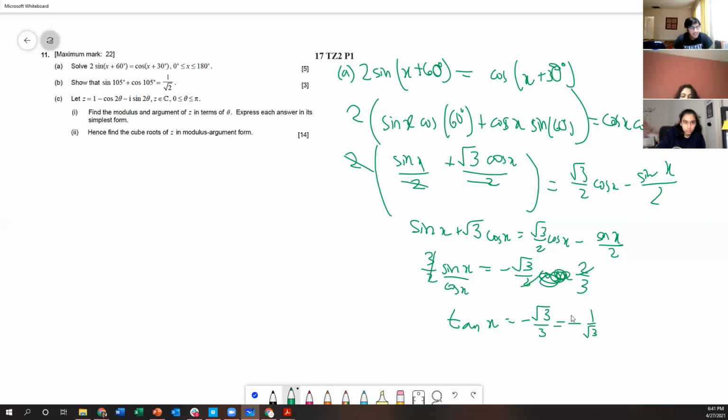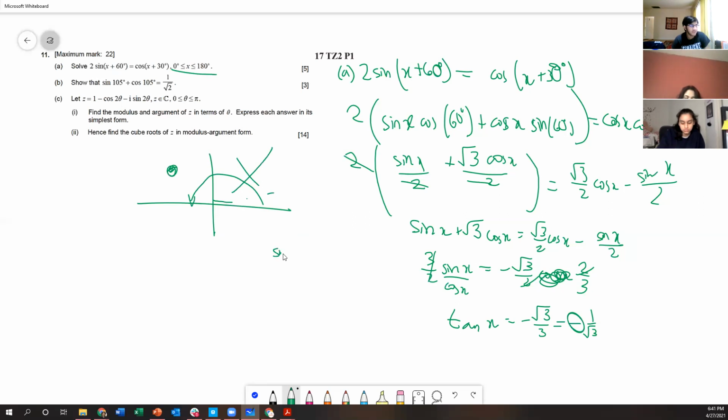But the problem tells me I'm going from 0 to 180, and this is a negative. So if tan is negative, I have to be in this quadrant. I cannot be in this quadrant. So I start off with 30 degrees, knowing that's the reference value.